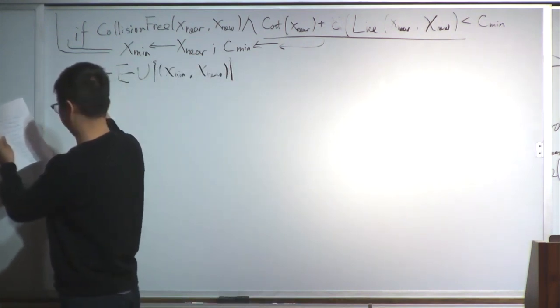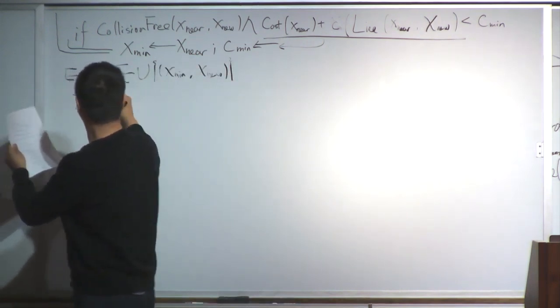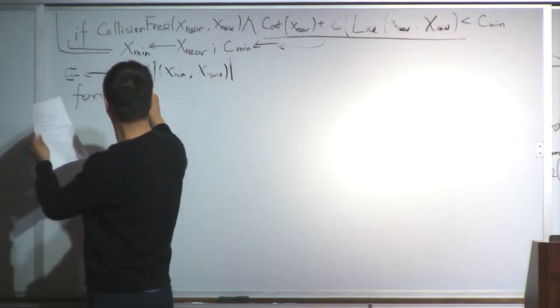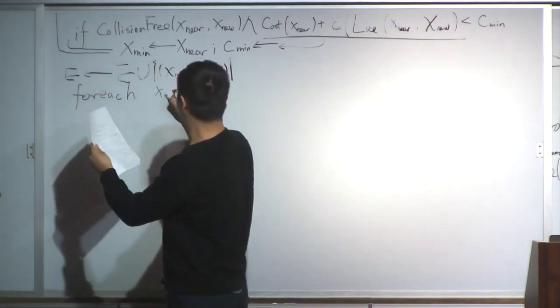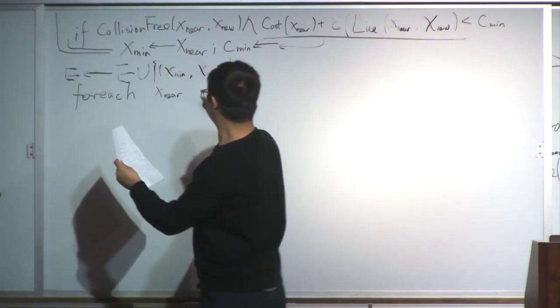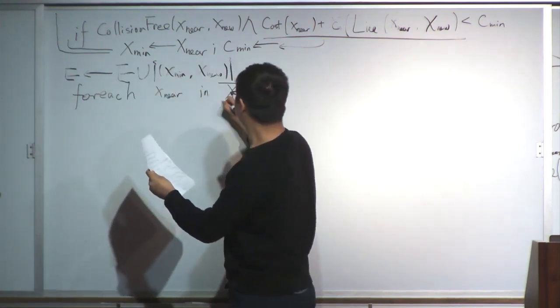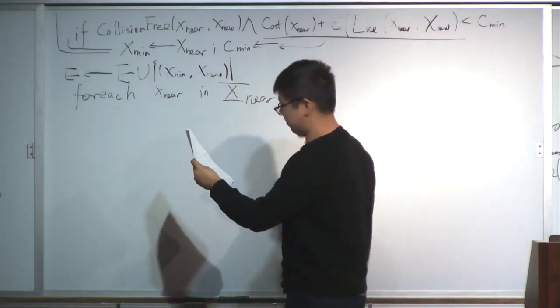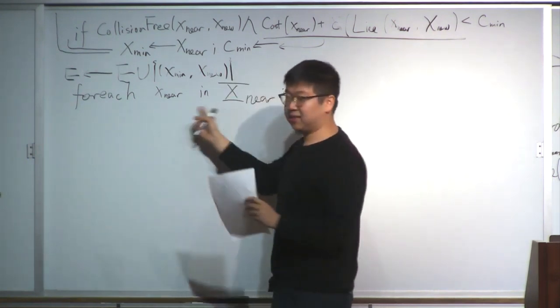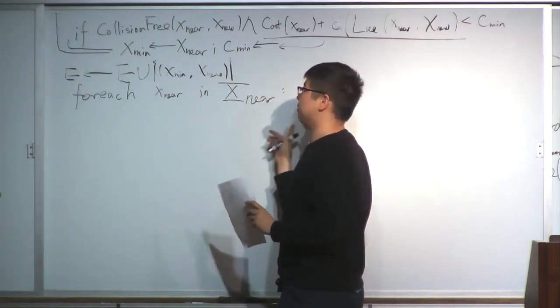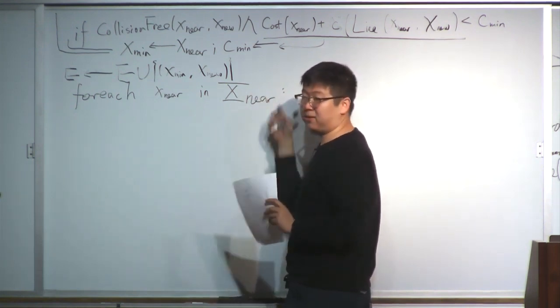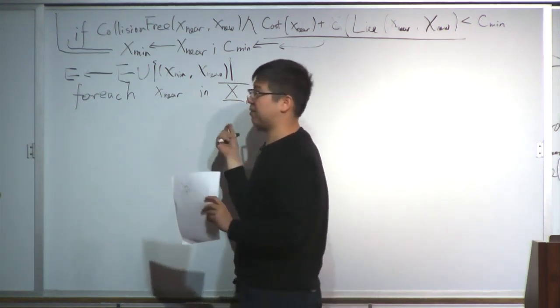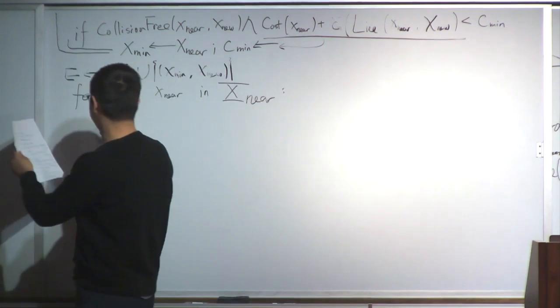So for each x near in x near, we want to do. So again, we make a for loop in the circle with the center of x new, and we check every point.